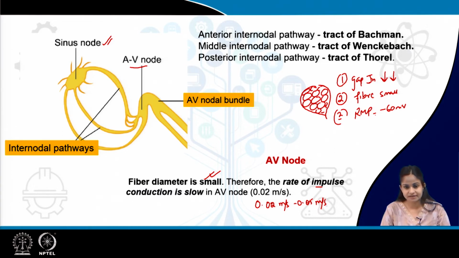So, these are the very important features of the AV node which make the AV nodal conduction very slow, and there is a particular significance of this delay.